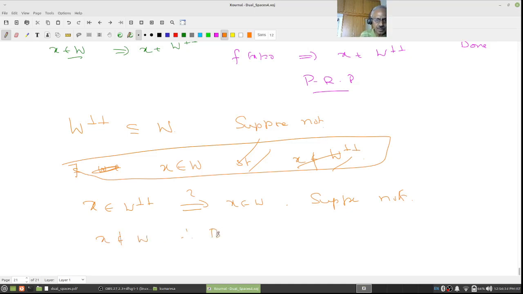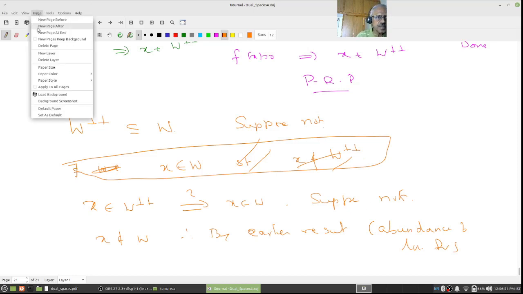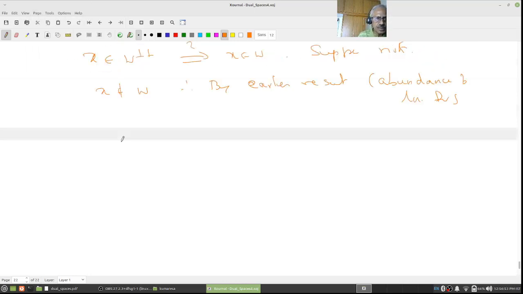Therefore, by our earlier result on abundance of linear functionals, we know there exists an f in V star so that f restricted to W is 0 but f at x is 1.